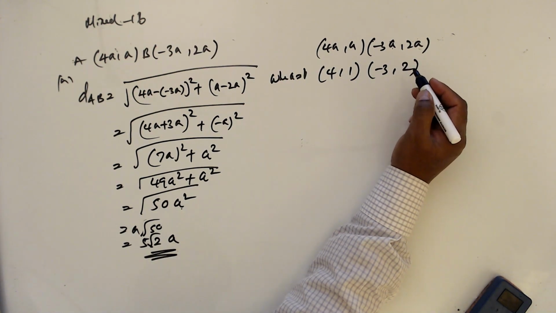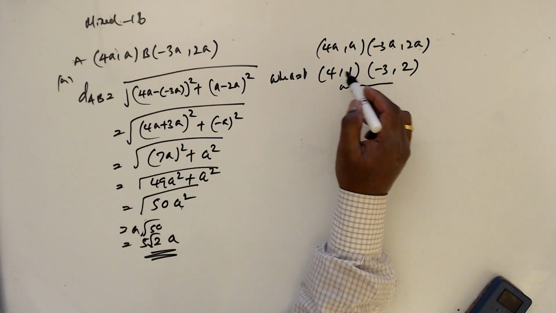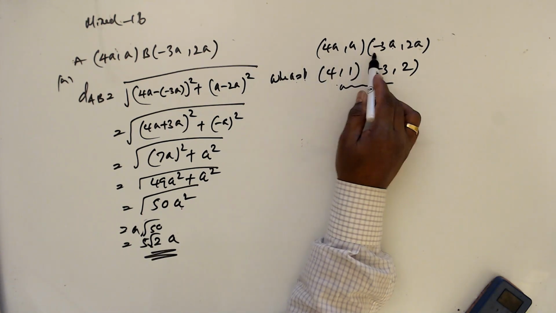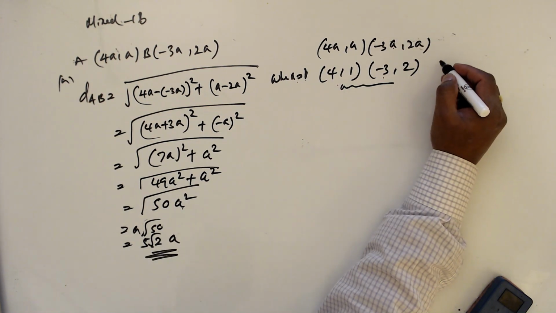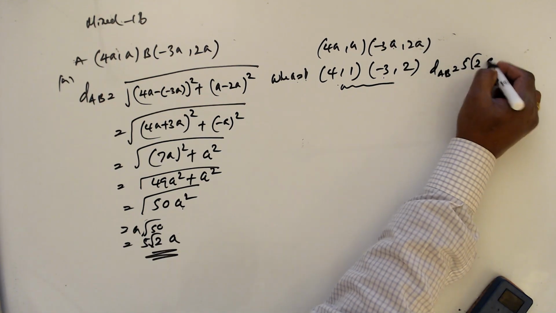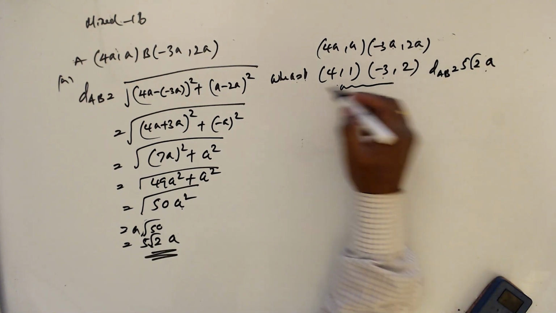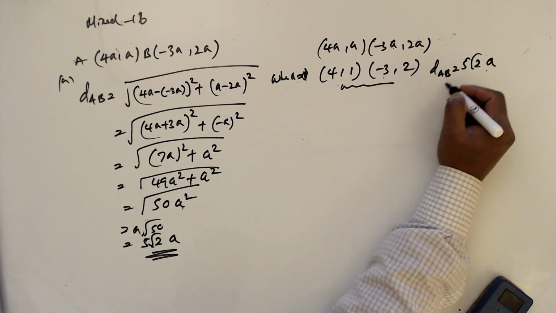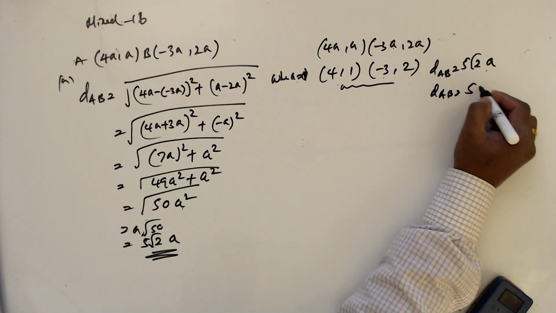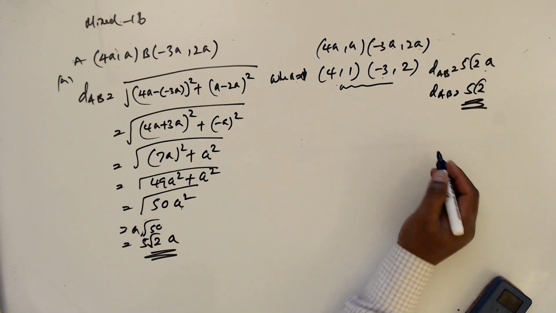Now, we want to find the distance between those two. We will get those coordinates by putting a equals 1. Then we know the distance DAB equals 5 square root 2 a. Now we just substitute a equals 1 to this. Then we will get the answer DAB equals 5 square root 2.